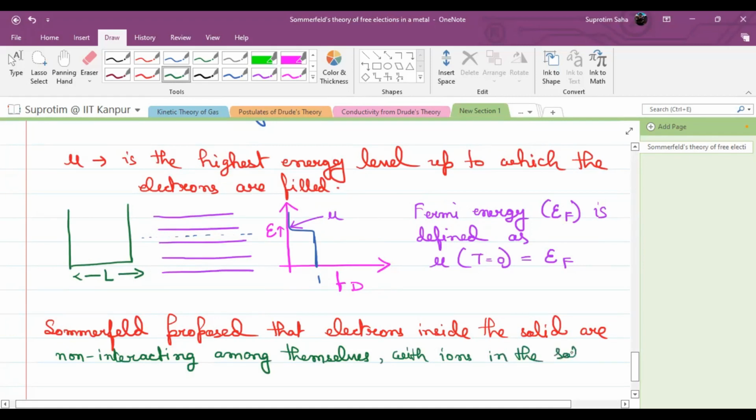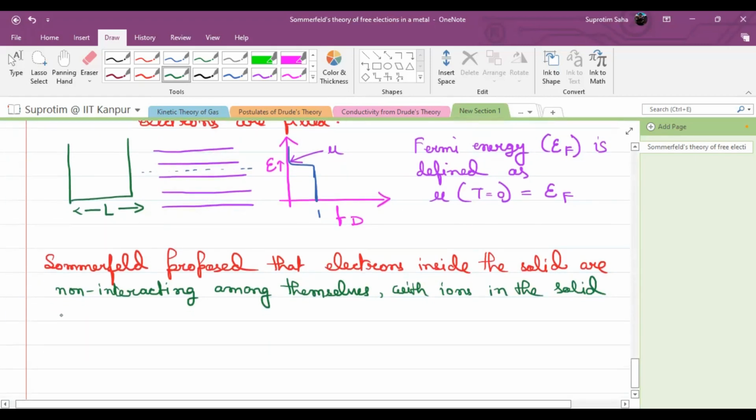Because not only are there electrons, there are also the positive ion forces. So they are also not interacting with the ions in the solid or any kind of impurities.